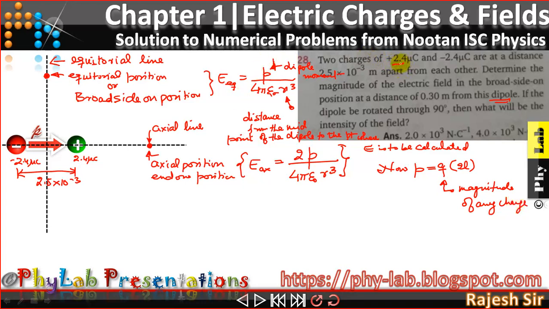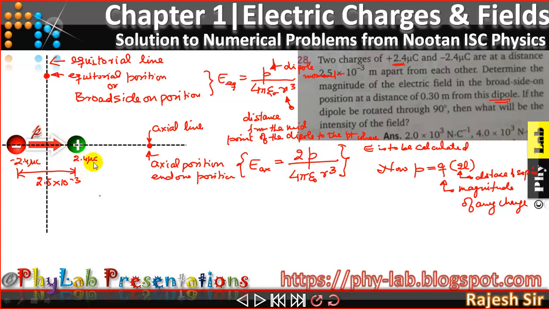That is, in this particular problem it will be 2.4, and 2L happens to be the distance of separation. So friends, these are the formulas and terms which you need to understand while solving this particular problem. Let's proceed.